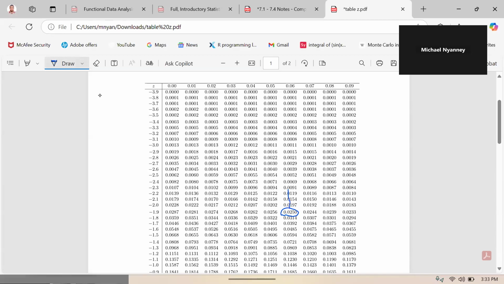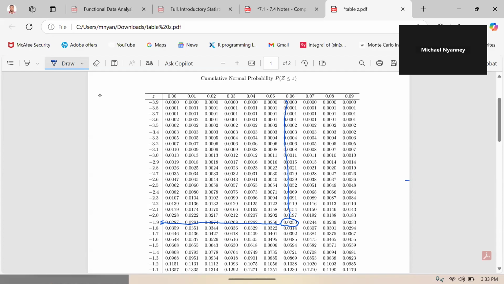So we are going to trace this back to this, and we trace it back here. So we locate 1.96. So we add these values together, 1.96 and 0.06 together. You're going to get negative 1.96. This is the same as the answer the calculator gave, but I am just interested in this value.